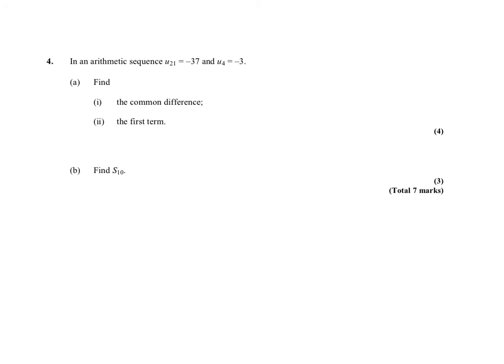Since it's arithmetic, I'm going to write out the formula for an arithmetic sequence, and plug in what we know into two separate equations. In one case, we know that when n is 21, u sub n is negative 37. I'm sorry, I just wrote that in wrong.